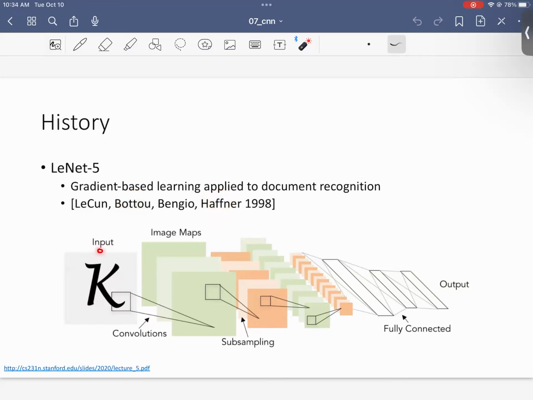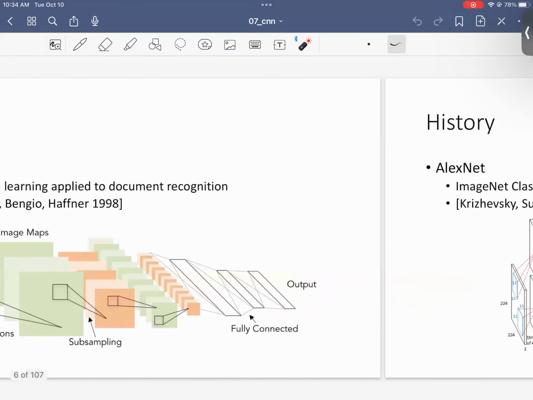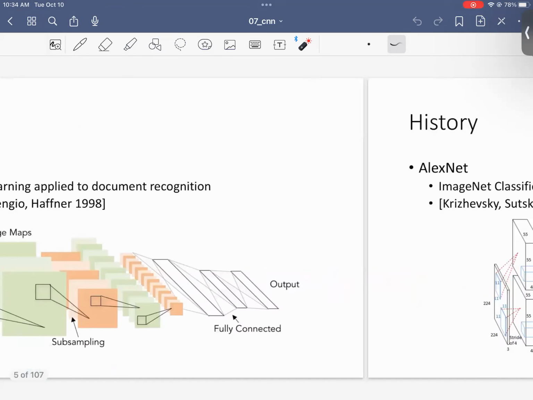You start with low level information, which is pixel level information, and then you process it into higher level stuff, and then higher level stuff, and finally you try to figure out which letter this is, whether it's A, B, C, D, E, F, G. That's very old stuff, from 1998.